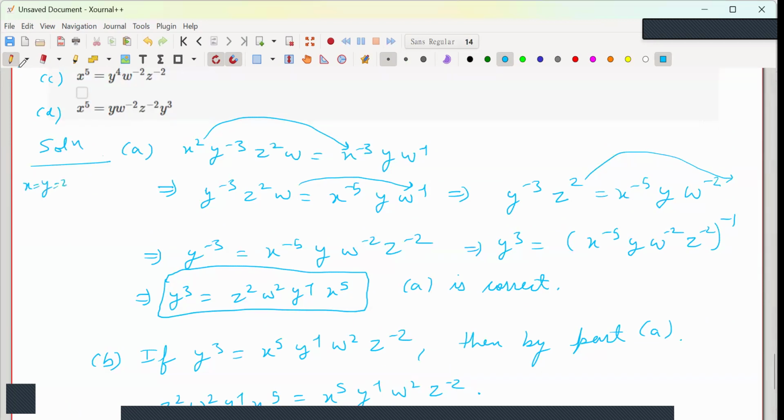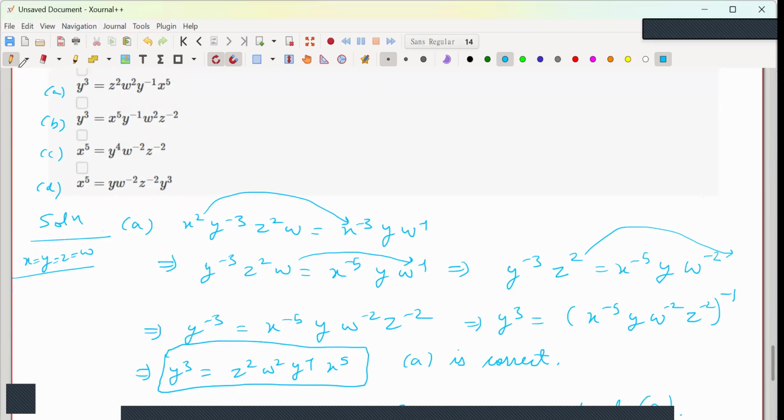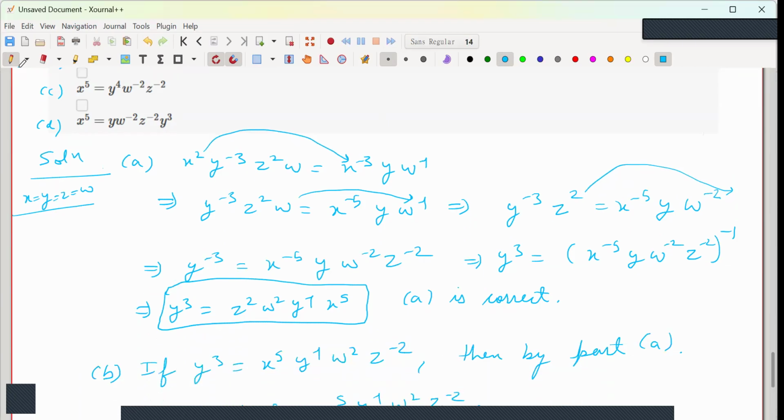Is it working? I'm just trying to get some counter example, because if we want to say that this option is wrong, intuitively it seems to be incorrect for some non-abelian group, but it's good to have some counter example in mind. So if everything is the same, then this will be x square, x minus cube, x square and x.